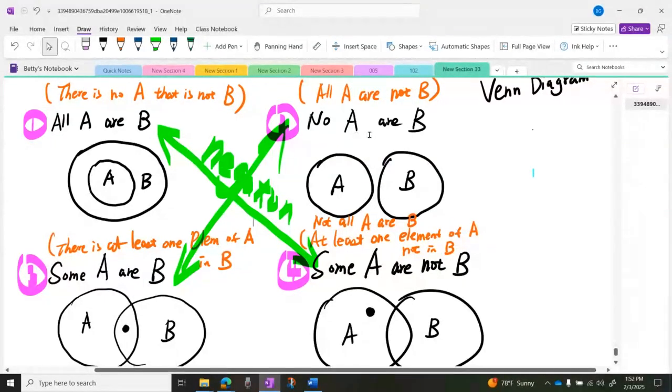Maybe your friend would say, some men are good, just keep looking. So the negation of no A are B is some A are B. Do you see it, guys? So number 1 and number 4 are negations, and number 2 and number 3 are negations of each other.